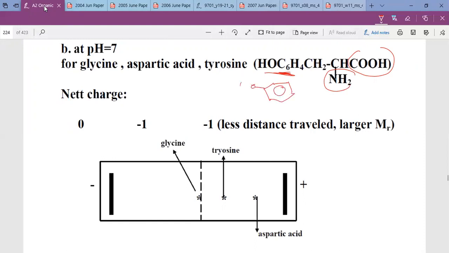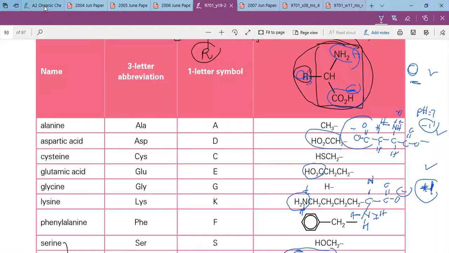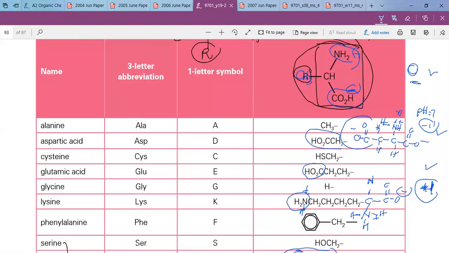So OH, join the CH2 here and join to that common carbon here, and your NH2 here. Now see here, I show you tyrosine.